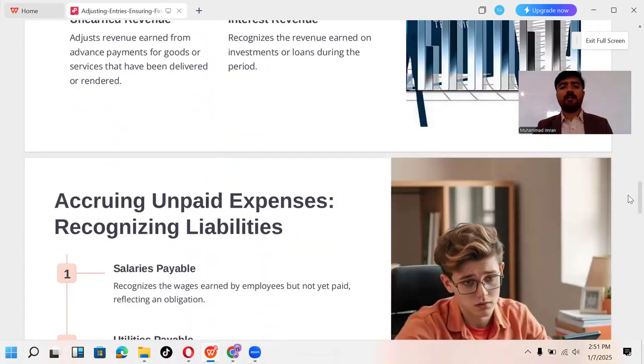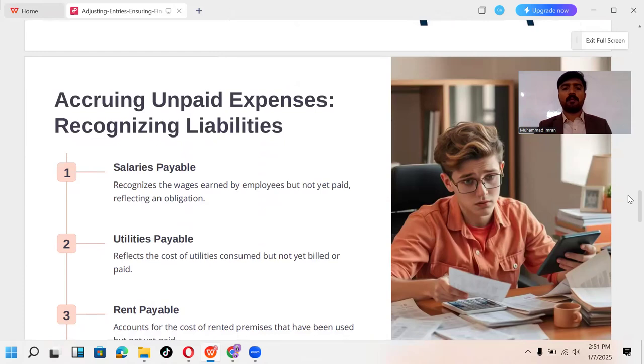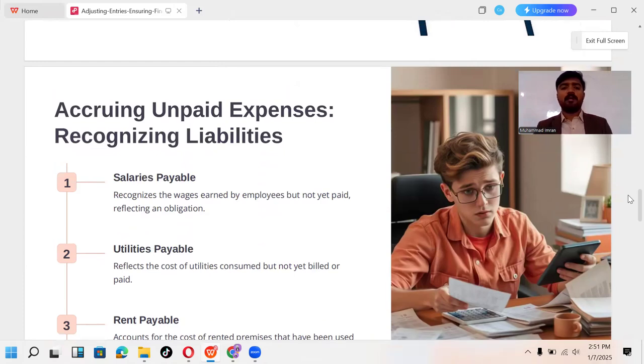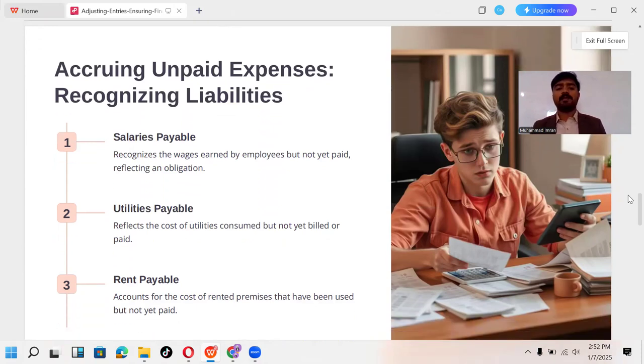And the next type is accruing unpaid expenses. In this case, the employees earn their wages by providing the services, but they are not paid at the moment. The same is the case with utilities, which are consumed but not yet paid, and with rent, which accounts for the cost of rented premises that have been used but not paid.